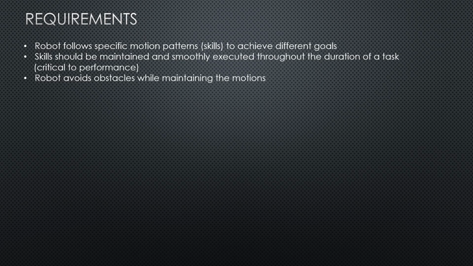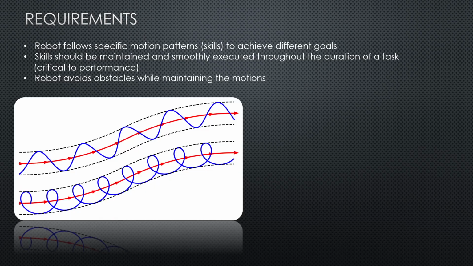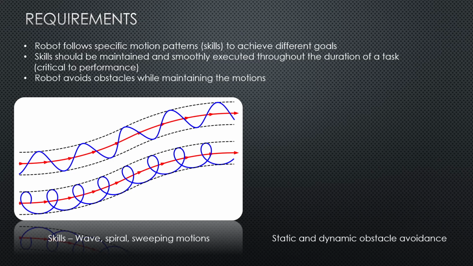Additionally, the robot should avoid obstacles while maintaining the motions. These are, for example, two specific skills that are being demonstrated here. One is a wave motion pattern, and the other is a cycloid motion pattern. There are multiple motion patterns depending on the task at hand.